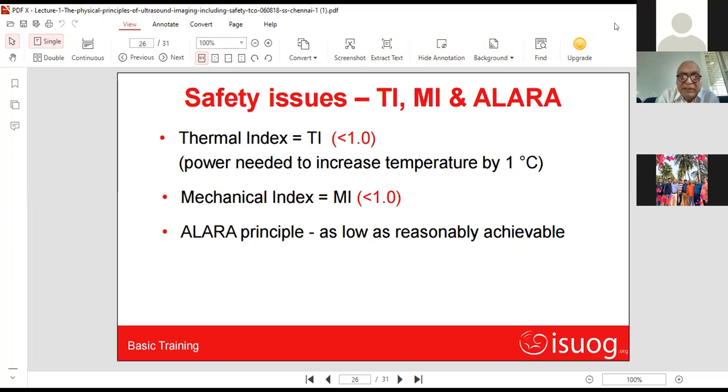That would calculate a ratio and tell us, okay, now you should stop, or you can go to another area. It gives us a warning, and it has become mandatory with all manufacturers for the TI and MI, and the ALARA principle has to be strictly followed. Next slide, please.